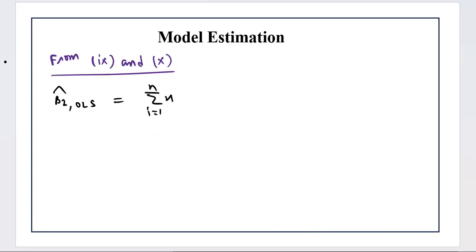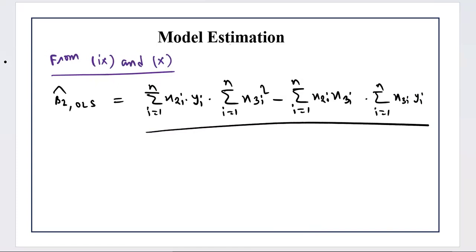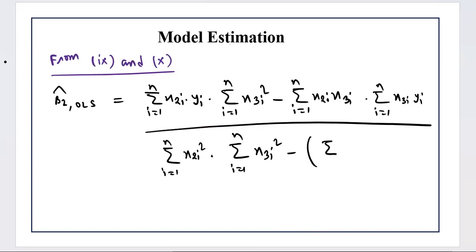Summation i from 1 to n x2i yi into summation i from 1 to n x3i square minus summation i from 1 to n x2i x3i into summation i from 1 to n x3i yi, whole divided by summation i from 1 to n x2i square into summation i from 1 to n x3i square minus summation i from 1 to n x2i x3i, whole squared.